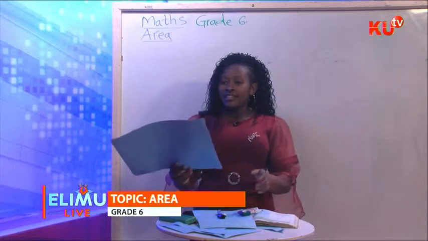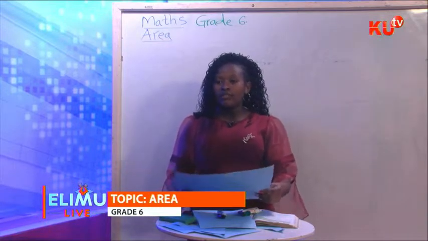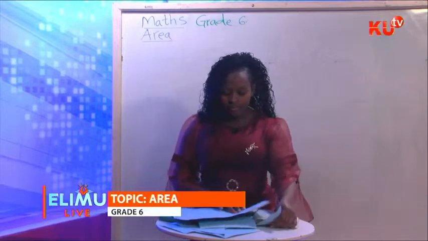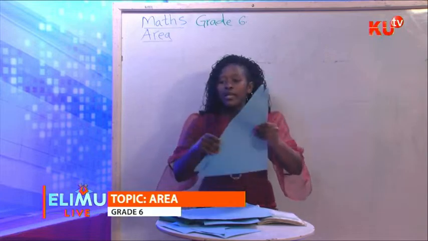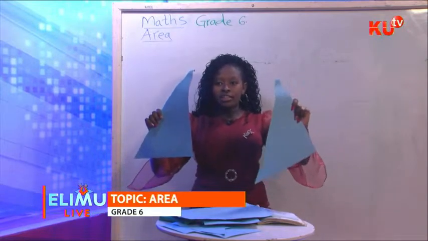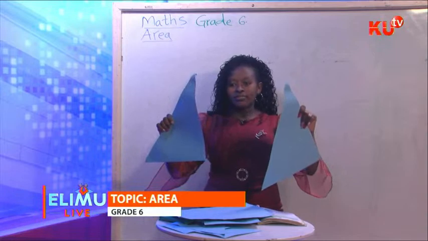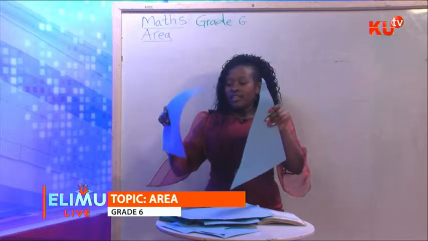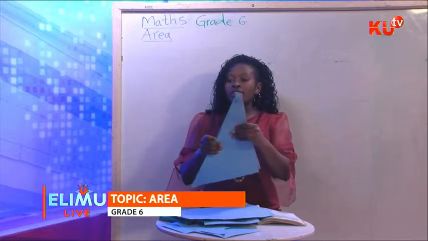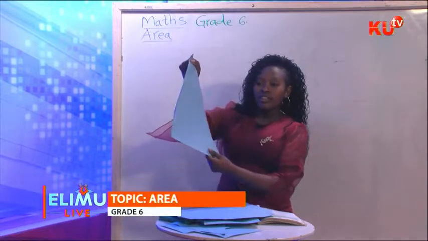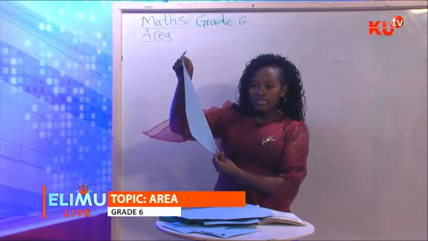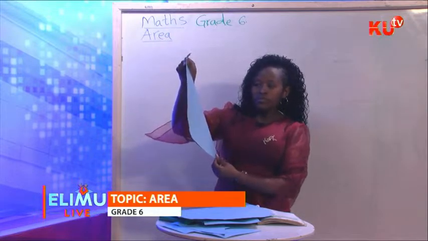So let me cut it and see whether it will give us the same. When I cut it, I have obtained these two triangles. You can see they are right-angled triangles and they are equal. If I put them together, you can see they are matching. It means they are equal.